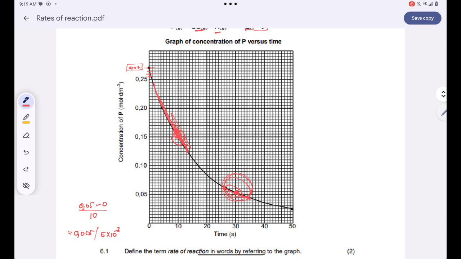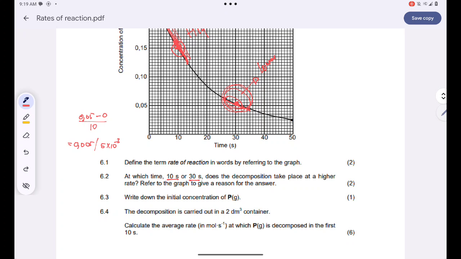Are you together? That's why over here we have a higher rate of reaction, and then over there the rate of reaction is just lower. Okay, so now I know that at time 10 seconds we have a higher rate of reaction.